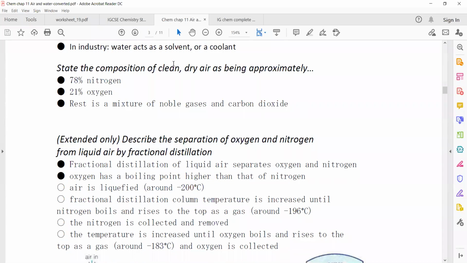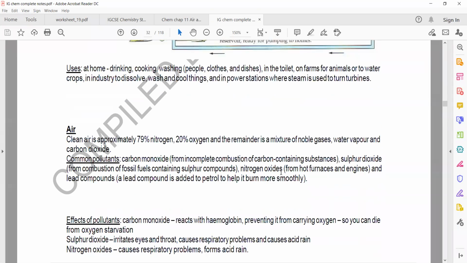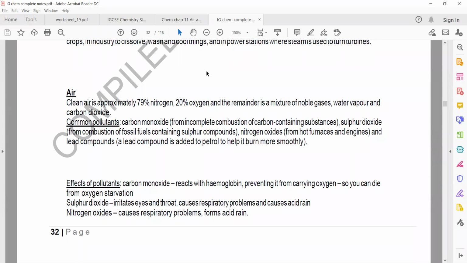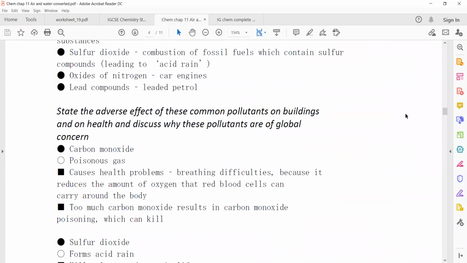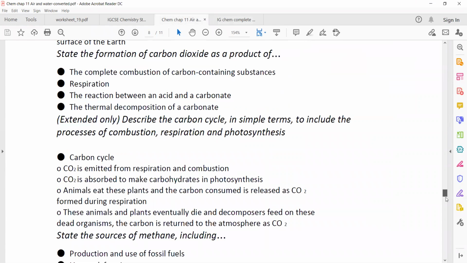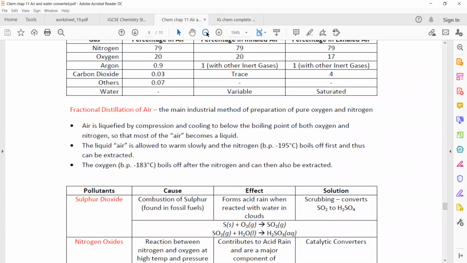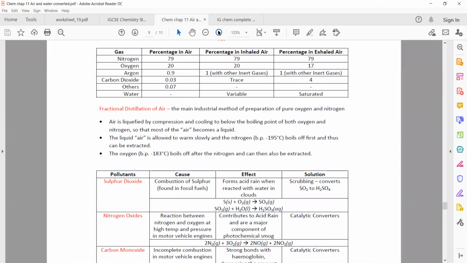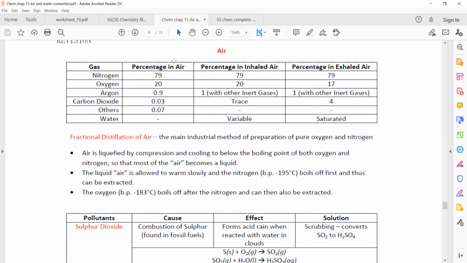The next one is the composition of air. You don't have to learn the percentages of nitrogen and oxygen in inhaled and exhaled air here.